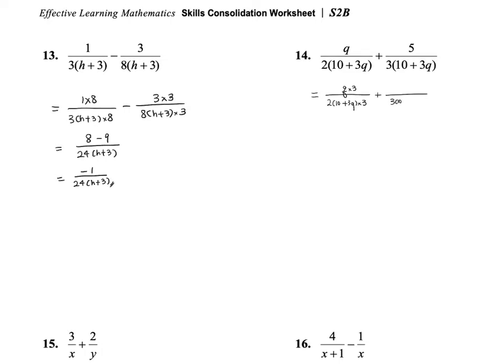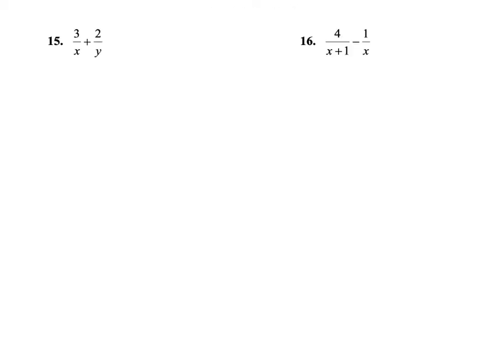This one you have to times 2. Okay, so once you put them together, you have 3q plus 10 over 6 times 3q plus 10. So again, you can cancel them, okay? And at the end, you have 1 over 6.